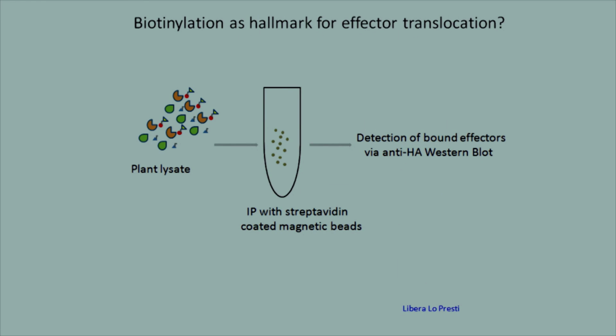So the idea would then be you transfer your biotag effectors to the plant, and then make a plant lysate, do an IP with streptavidin magnetic beads, and then you detect your bound effectors via an HA Western blot, and the effectors also have a short HA tag.